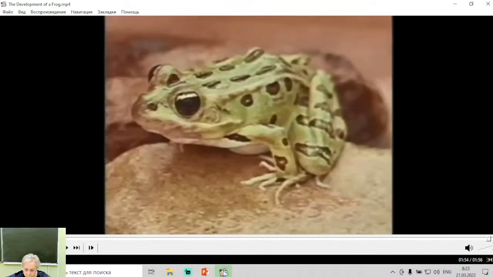The tadpoles undergo metamorphosis, and tiny frogs emerge that eventually grow into adults.